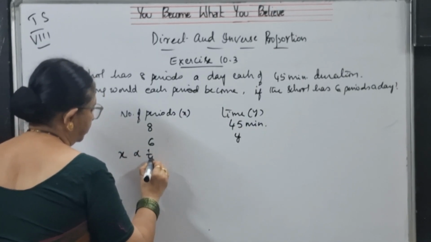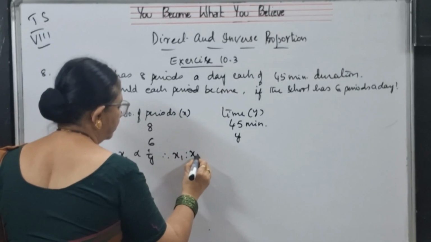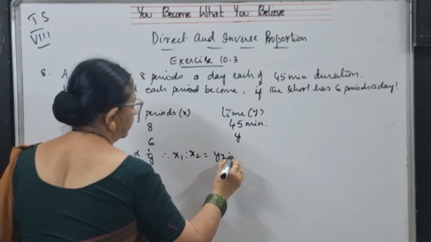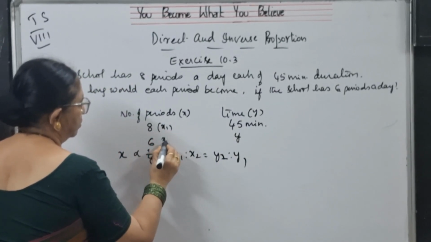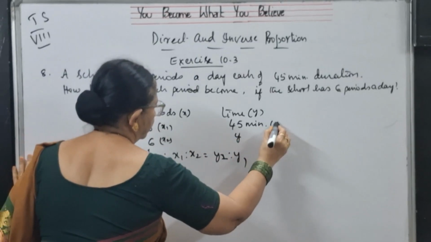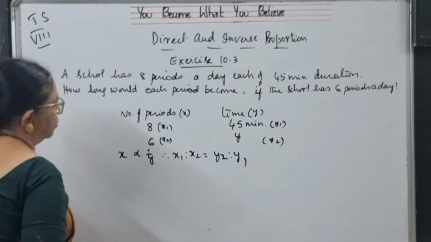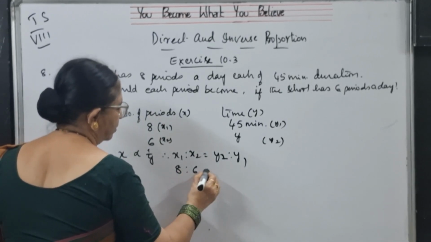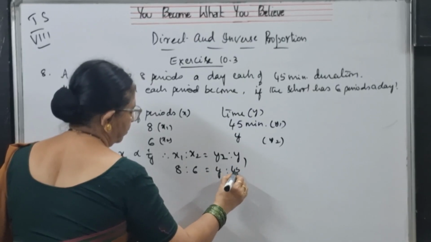X is inversely proportional to y. Therefore, x1 is to x2 is equal to y2 is to y1. So this is x1, this is x2, this is y1, and this is y2. So 8 is to 6 is equal to y is to 45.